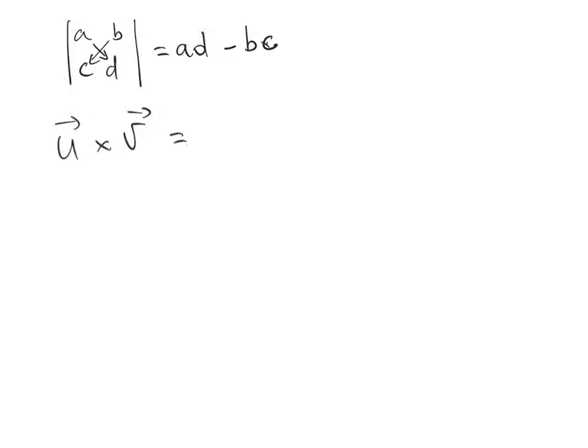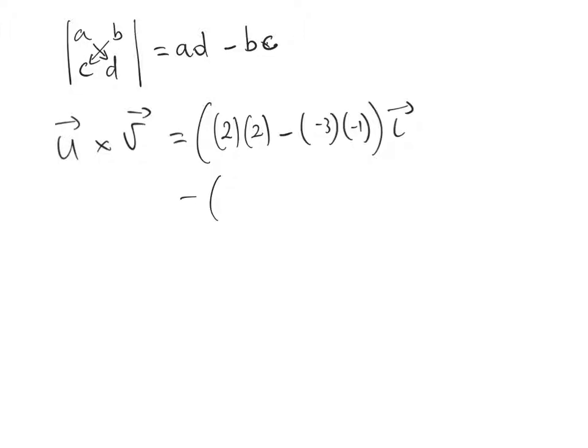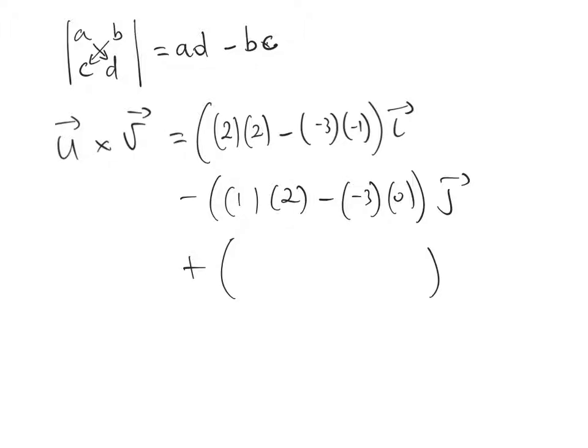The first 2x2 determinant is given by 2 multiplied by 2 minus negative 3 times negative 1, i, minus 1 times 2 minus 3 times 0, j, plus the third 2x2, which is 1 multiplied by negative 1 minus 2 multiplied by 0, k.